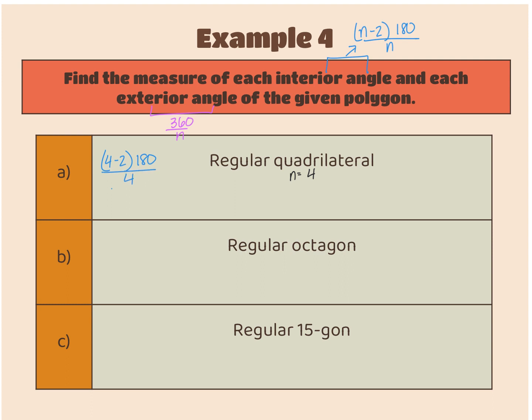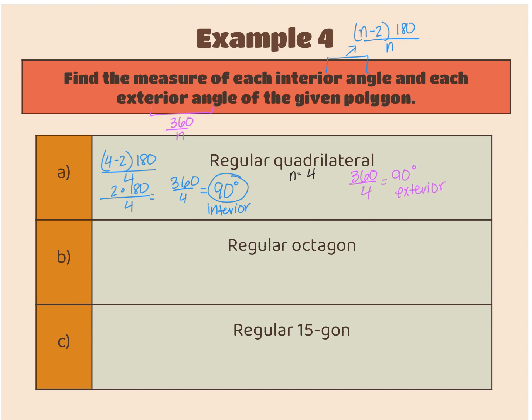That's going to give me 2 times 180 divided by 4, and then I'm going to get 360 divided by 4, which gives me 90 degrees. So that's for my interior. Then I'm going to have my exterior. I have 360 divided by 4, and that one's pretty easy again. That's 90 degrees, and this is for my exterior.